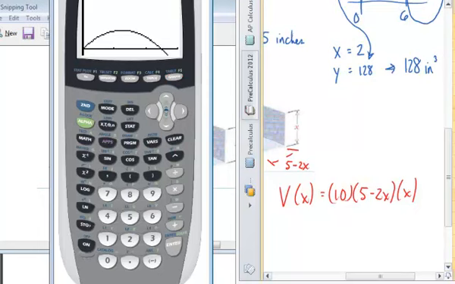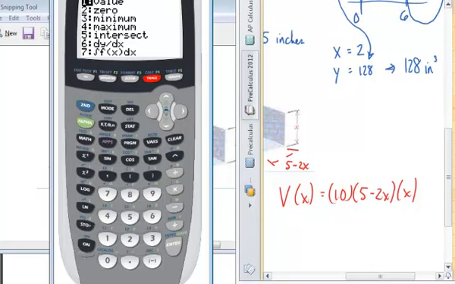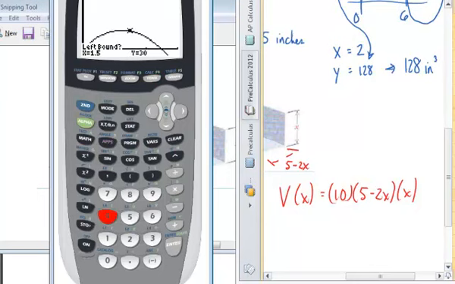I'm just going to use the same function as before. I'm going to calculate the max, and for my left boundary, I'm going to put in 1, and for my right boundary, I'm going to put in 3. And my guess will probably be 1.5, and it found the maximum to be 1.25 inches.